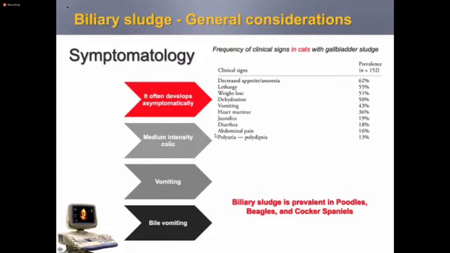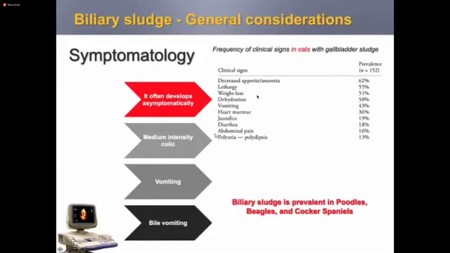Of course, in cats, in most cases, the presence of biliary sludge is correlated with clinical expression. We can talk here, in accordance with prevalence, about important changes of the appetite, which can be described as decreased appetite up to anorexia.